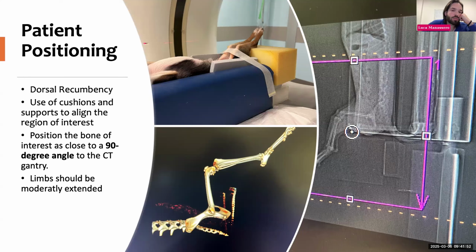The limbs also have to be moderately extended to the gantry, and a little bit distanced between the two. Theoretically, the bone of interest should be placed at a 90-degree angle compared to the CT gantry.